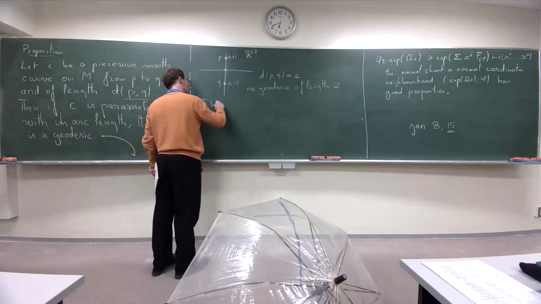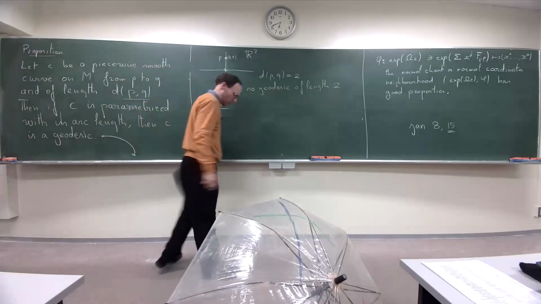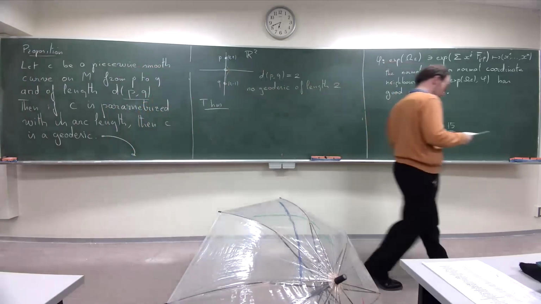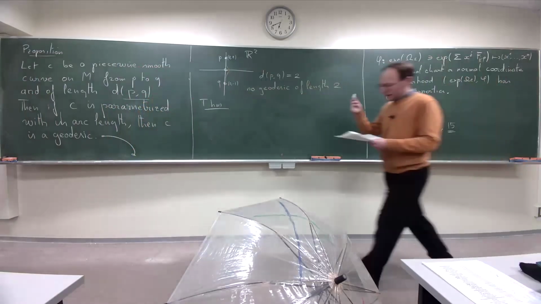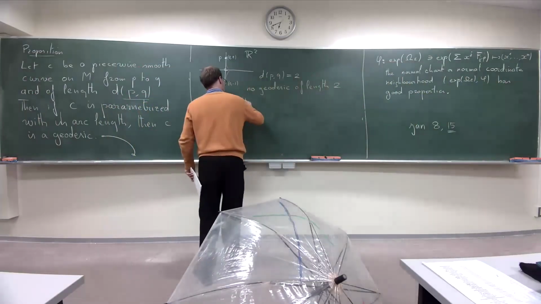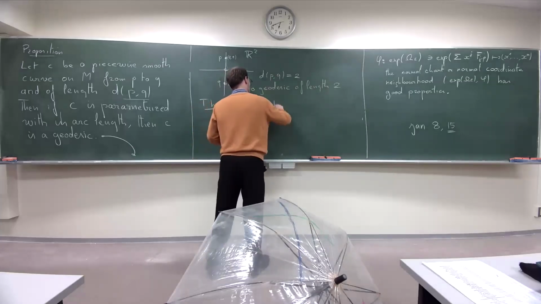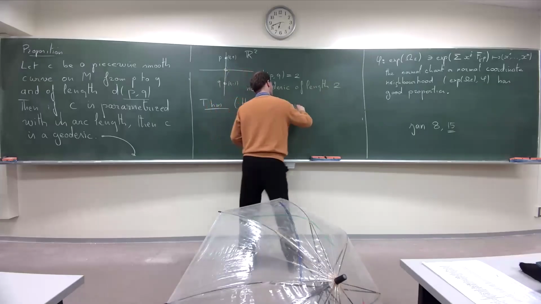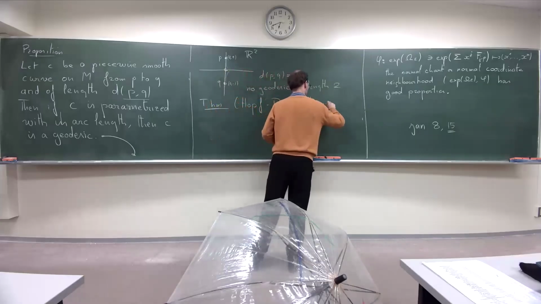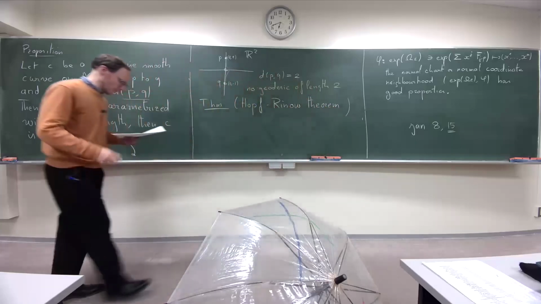And now the last theorem of this section, it's a bit technical. Still, I need to mention it because it's important. It's called the Hopf-Rinow theorem. It makes a link between the different things I introduced.